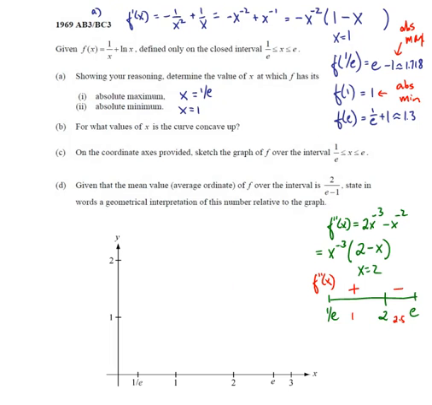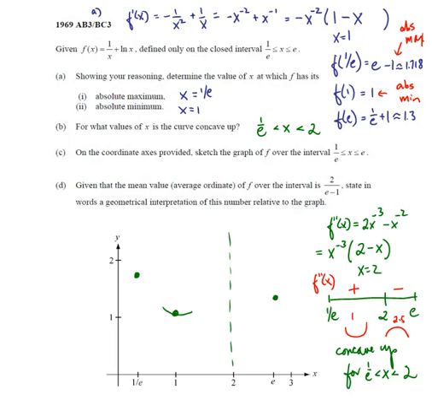So I plot the points that I have there for 1 over e, for 1, and for e. Then I just need to make sure that I have a relative minimum at x equals 1, that I'm concave up between 1 over e and 2, and that I have a point of inflection at 2 and concave down from 2 to e. So I draw the line segment in from 2 to e, concave down.